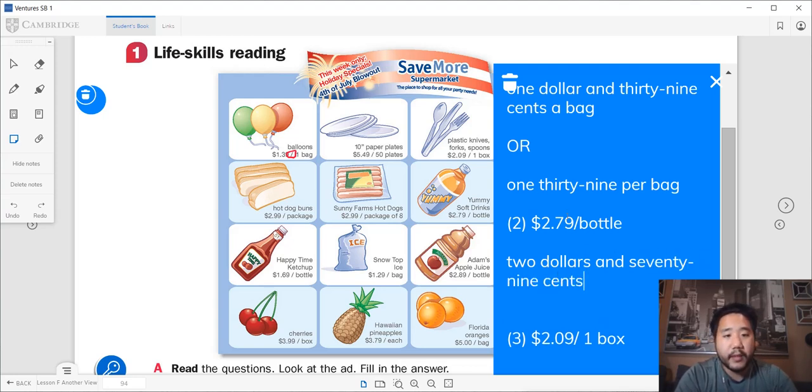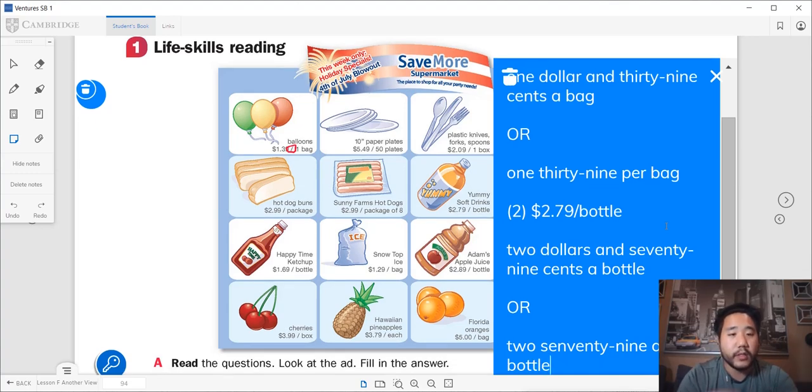And there's a slash in bottle, so I say a bottle, or 2.79 a bottle.